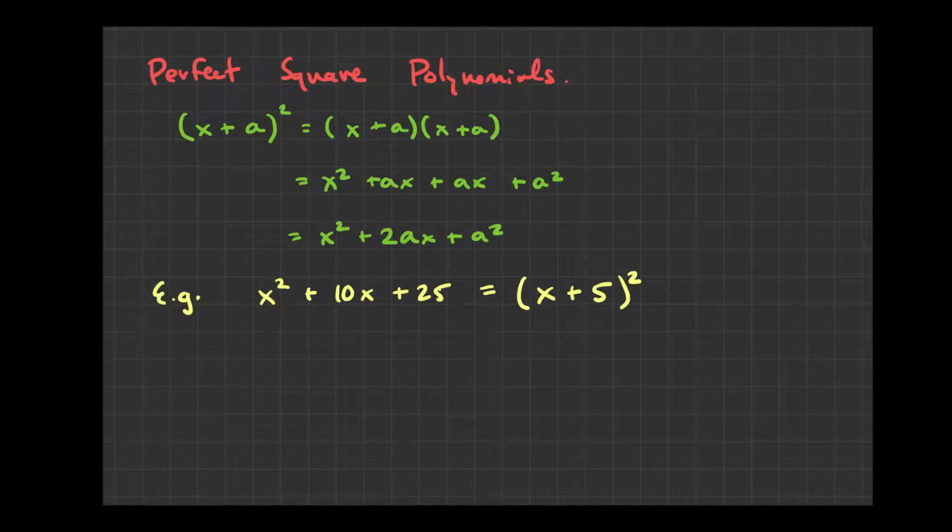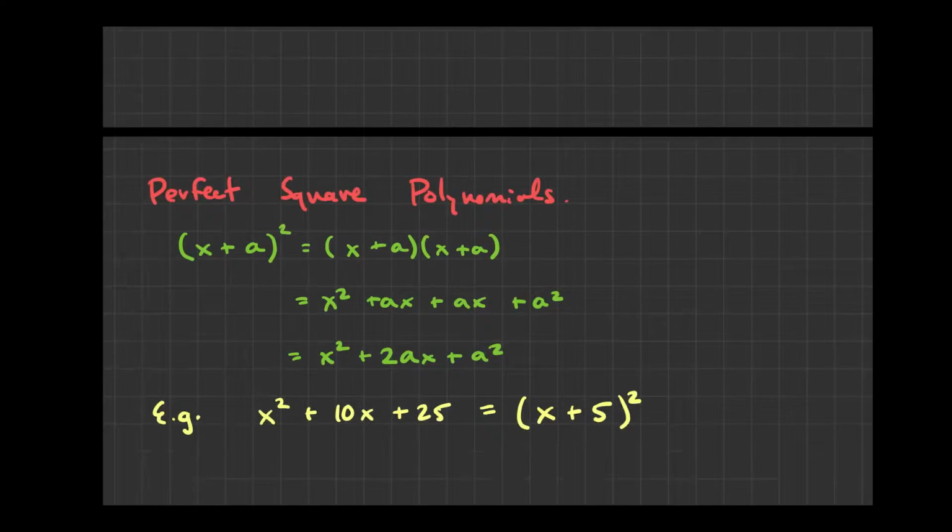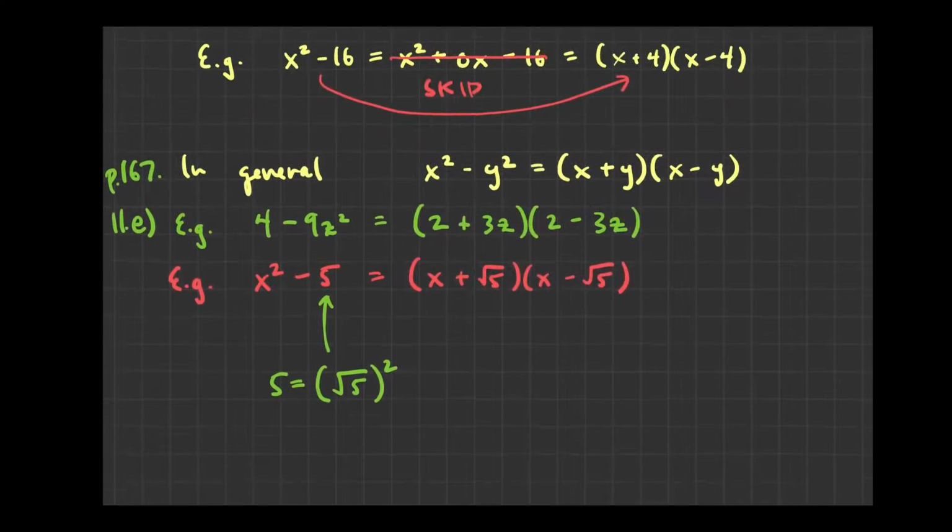So between perfect square polynomials and difference of square polynomials, the goal is to recognize those immediately and factor them in one step. Those are our two types where we don't really have to be searching for numbers. The trick is just to recognize the form.